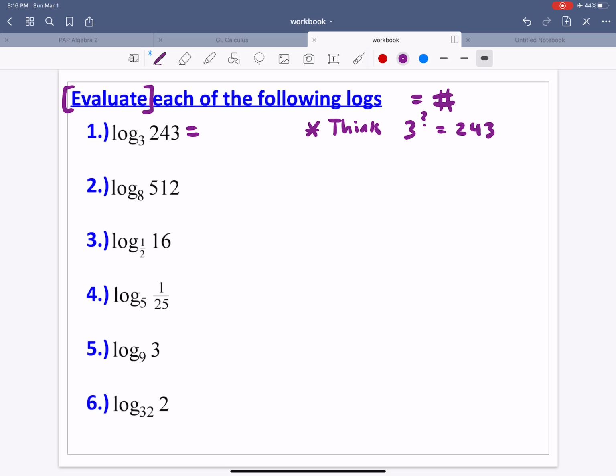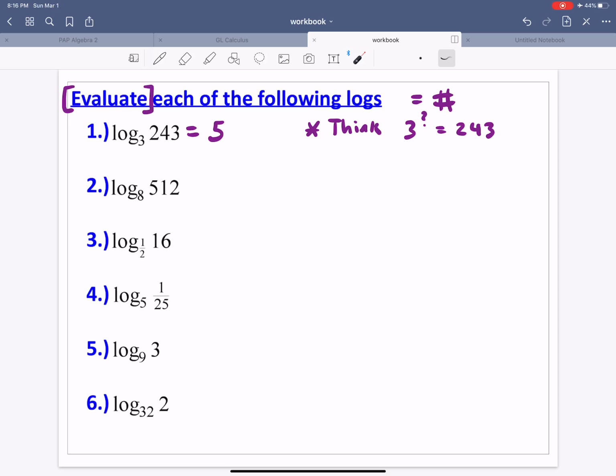We've been dealing with powers a lot in my class lately, so this might be a power of 3 that you recognize. If not, you could do a little bit of work with your calculator to figure that out, and it shouldn't take you long to see that that would be the 5th power. So we would say that log base 3 of 243 equals 5. And the key to a problem like this is this thing that you're doing in your brain. Think 3 to what power equals 243.